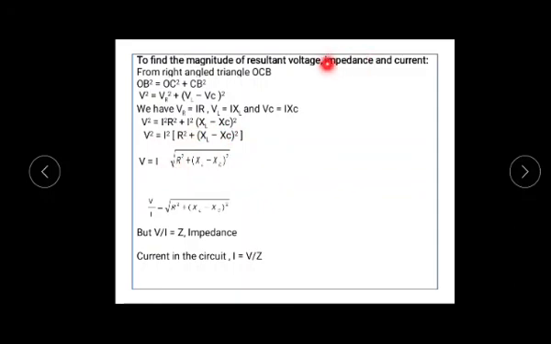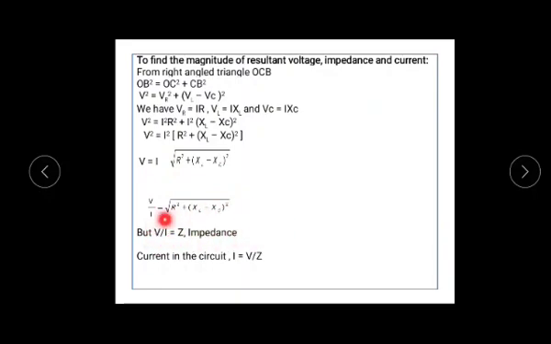Now we want the expression for impedance. For that, shift I to this side: V by I is equal to the square root of R square plus XL minus XC whole square. This V by I is nothing but Z, that is impedance.